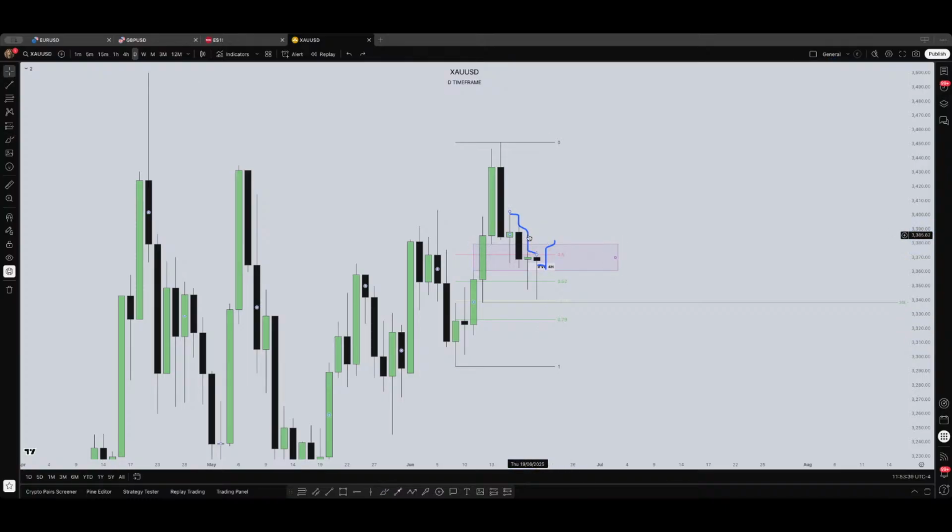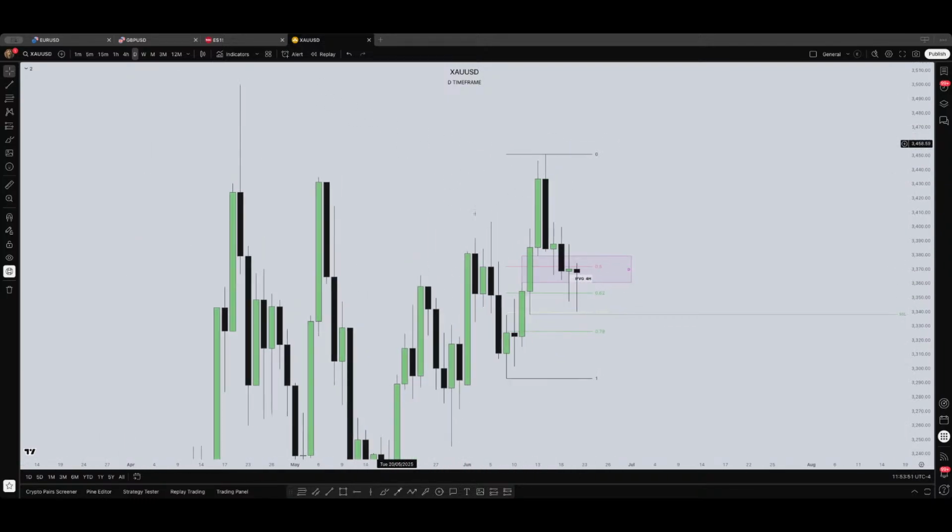As you can see, price reacted very nicely and strongly from here. Price is holding the bodies in this daily fair value gap, so these are a few clues that make you think, okay, maybe we are not going lower yet.